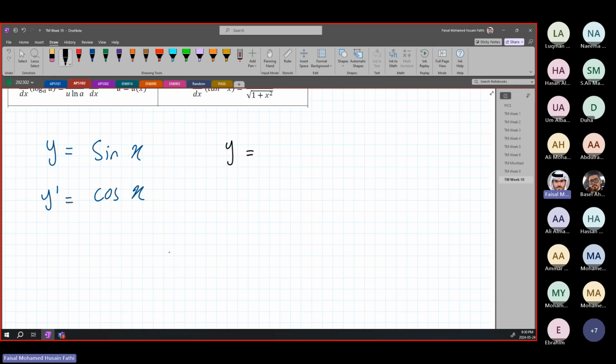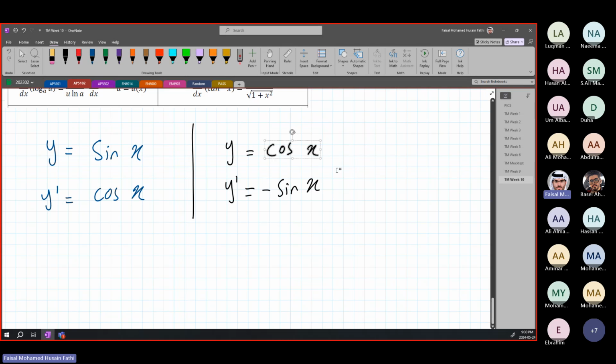The next one is y is equal to cosine of x. And then y prime is going to be negative sine. So the difference is here, when you're going from cosine to sine, you are going to have a negative value. All right? When you're going from sine to cosine, there's no negative value, but from cosine to sine, the answer is going to be a negative value.